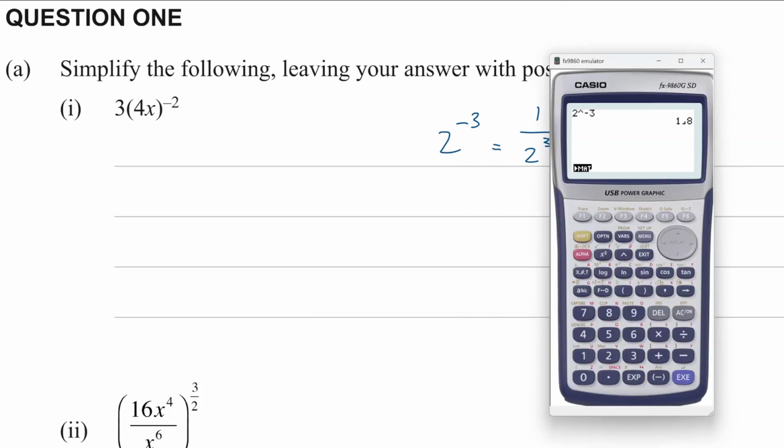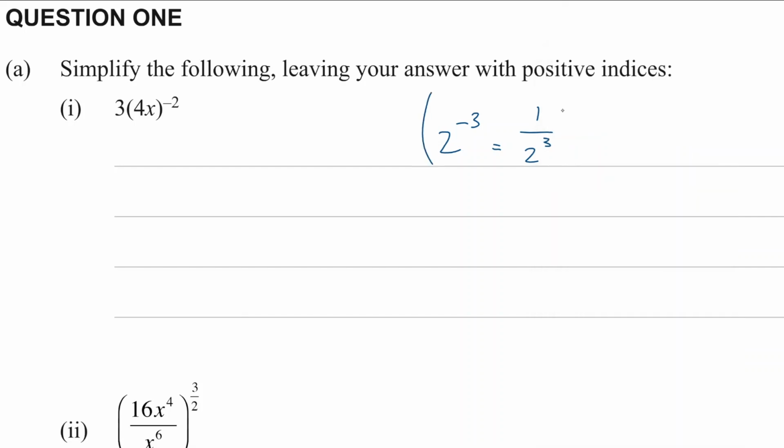And sure enough, if we check, 1 divided by 2 cubed gives us 0.125, or 1/8. So using this power rule, called the negative power rule, we can rewrite 4x to the -2 as 1 over 4x squared.